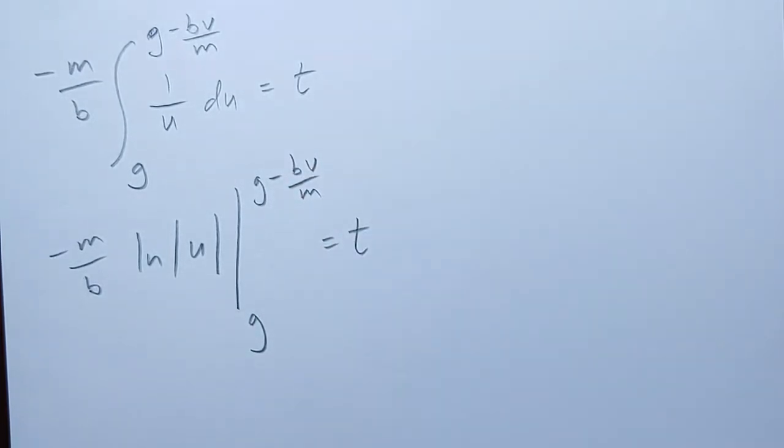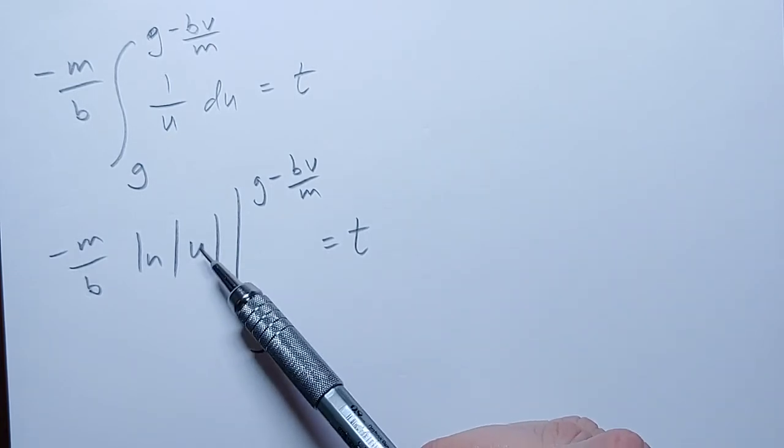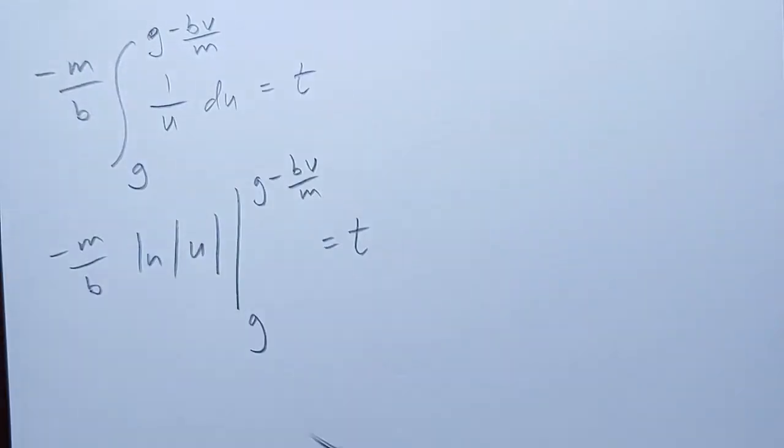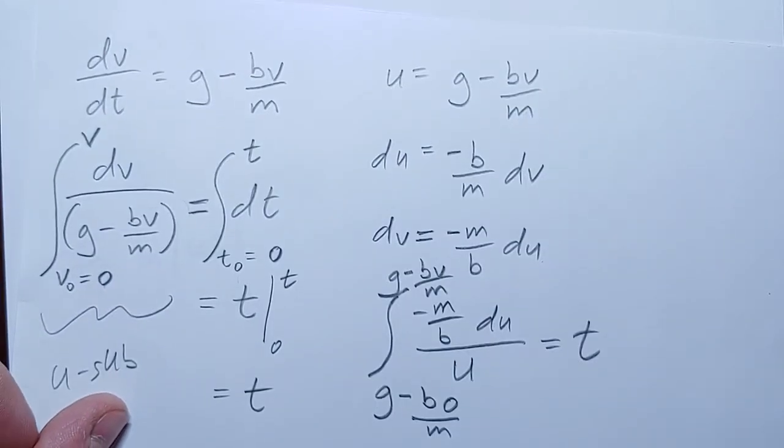And, of course, again, there are different approaches here. If at this point you wanted to replace u with g minus bv over m, and then just evaluate it from 0 to v, our original limits of integration, that's fine. That's the exact same thing. It's just a different way of thinking about it. Exact same thing mathematically.